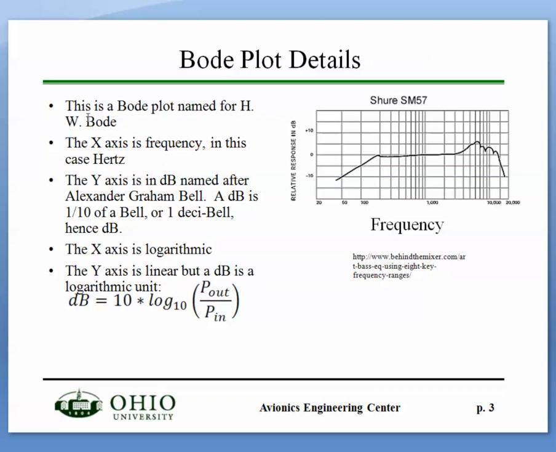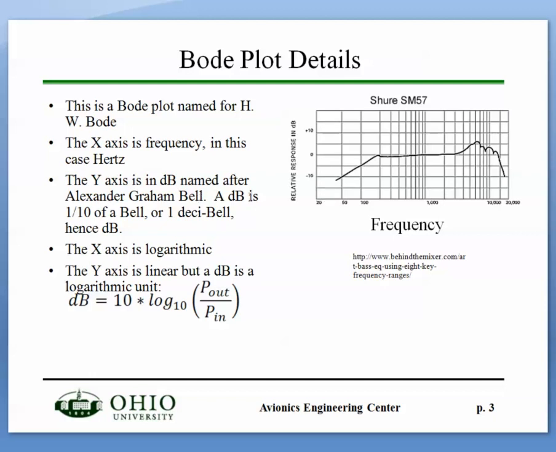So the Bode plot is named after H.W. Bode, and as I said, the x-axis is in frequency. In this case, it's hertz. You could also do it in radian frequency, but radian frequency doesn't mean quite as much to me as hertz does. The y-axis is in dB, and that's named after Alexander Graham Bell.